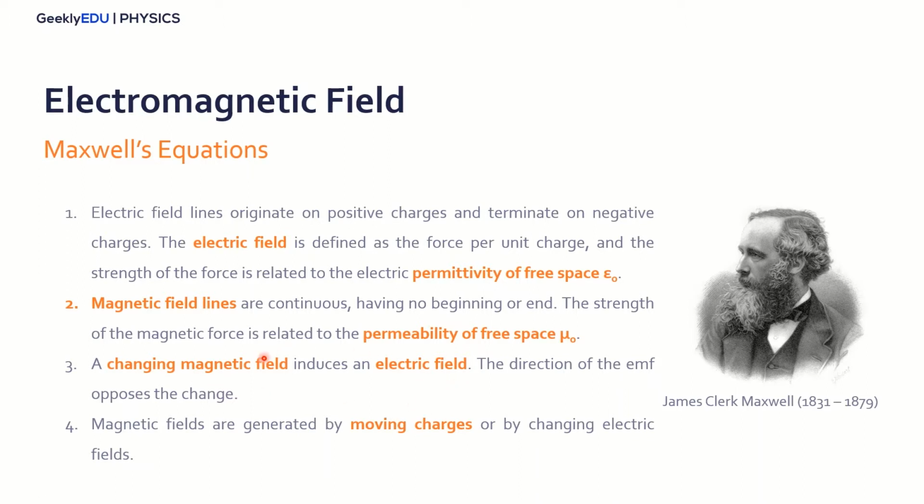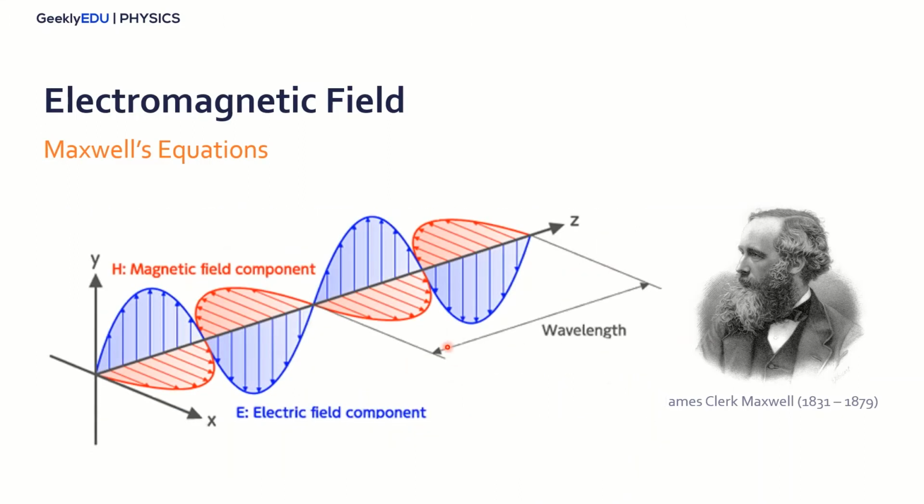One can induce another by moving charges. And that's exactly what electromagnetic waves are. We have a magnetic field inducing an electric field, or the opposite way, an electric field inducing a magnetic field.